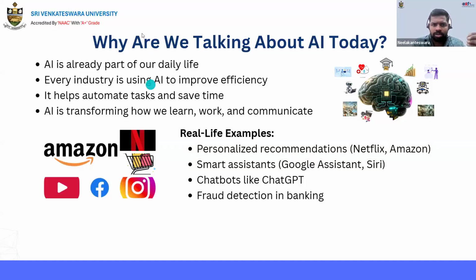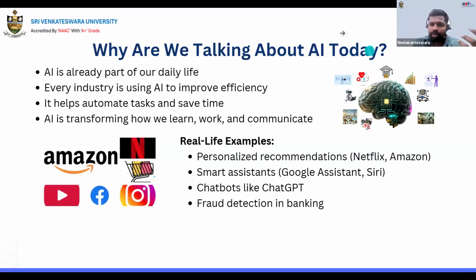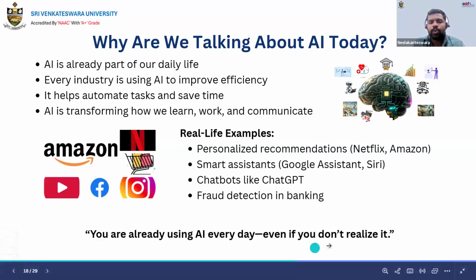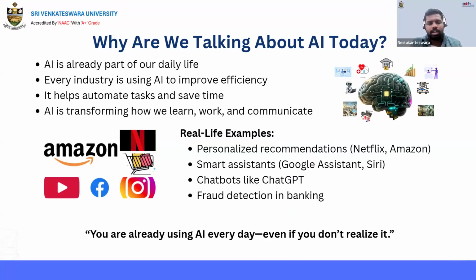They are using it for different purposes, and this is all powered by AI itself. Finally, whether you realize it or not, you are already using AI every day. That is why we are now talking about AI.